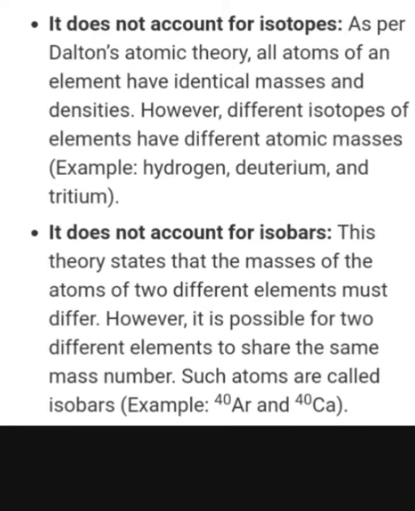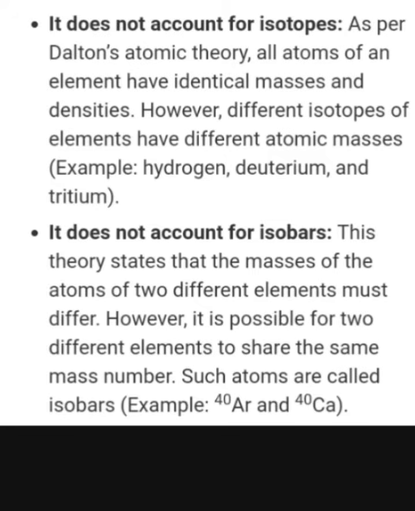This theory states that the masses of the atoms of two different elements must differ. However, it is possible for two different elements to share the same mass number. Such atoms are called what?